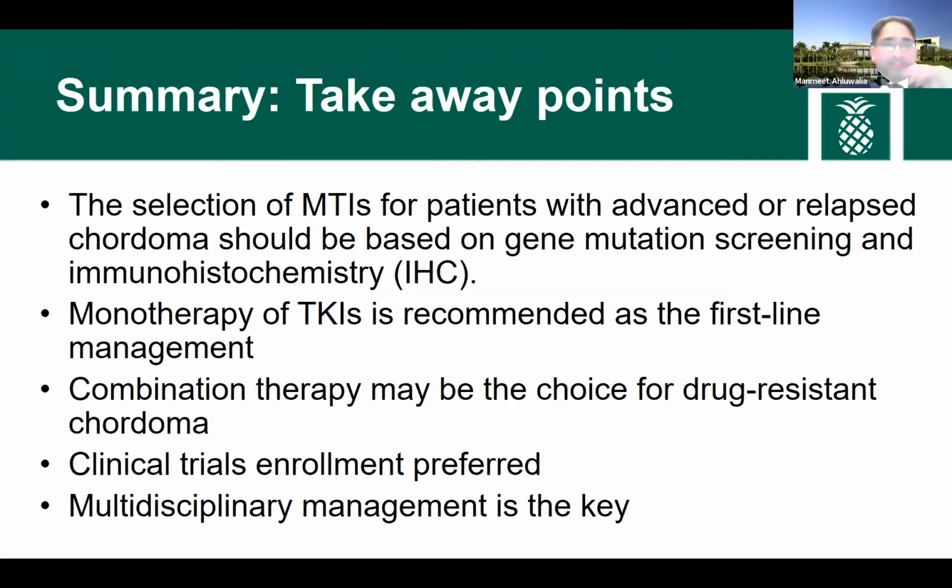Previously, we used to look at IHC and see if you can identify a driver. Not all the time, if something is present, is it a driver. Most of our work has been relegated to monotherapy of TKIs, which is still recommended as the first-line management. Combinatorial efforts may be used for drug-resistant chordoma.